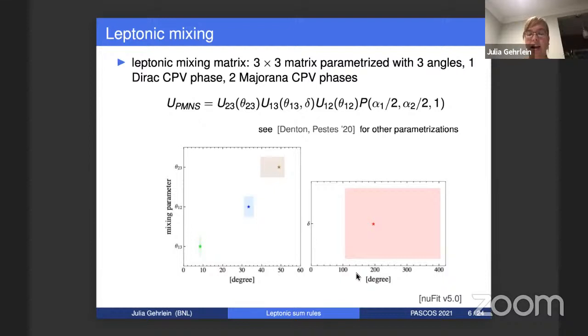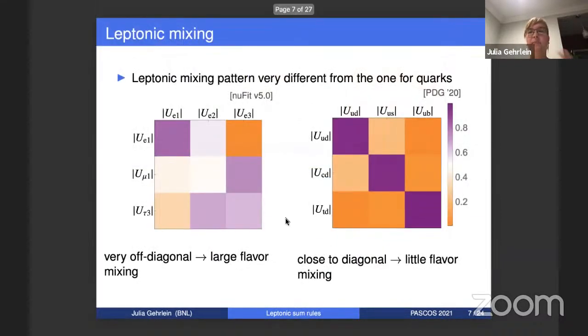We also have some measurements of the CP violating phase delta. However, currently the 3 sigma allowed range of delta is very big, such that basically the whole range of delta is still in good agreement with the experiments. From the measurement of the mixing angles, we see that the leptonic mixing pattern is very different from the mixing for the quarks in the CKM matrix.